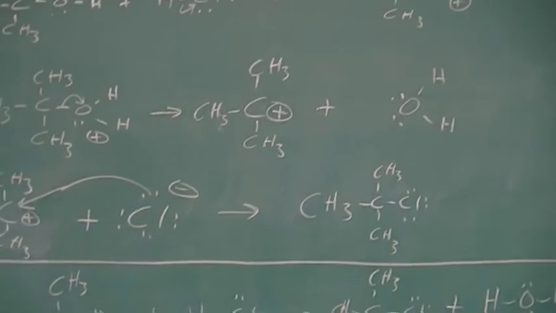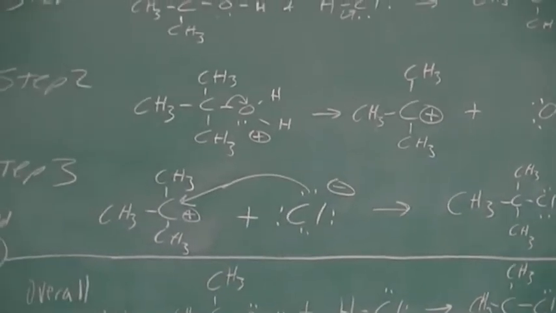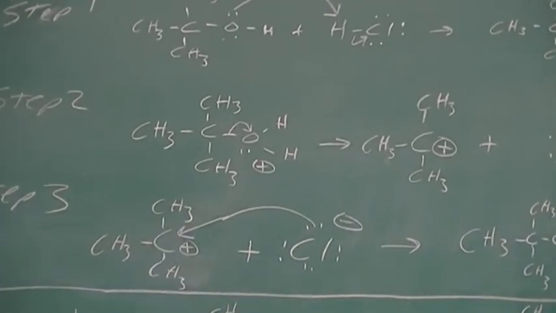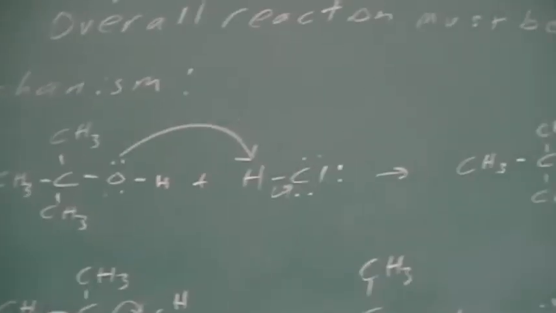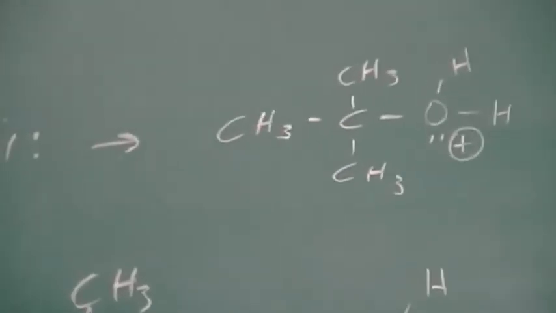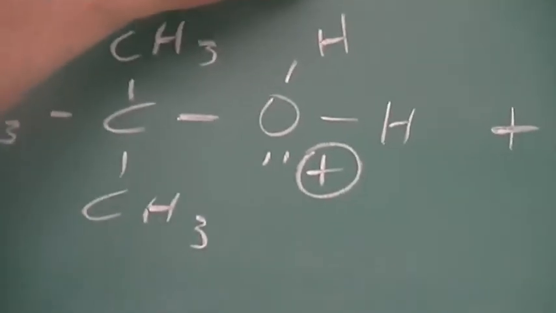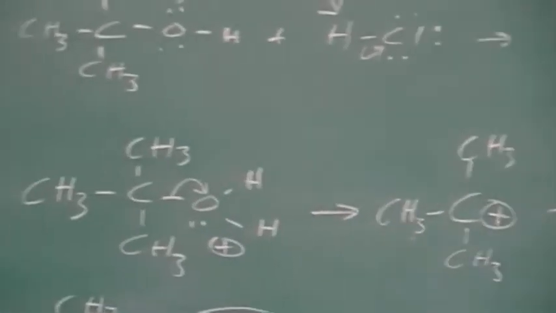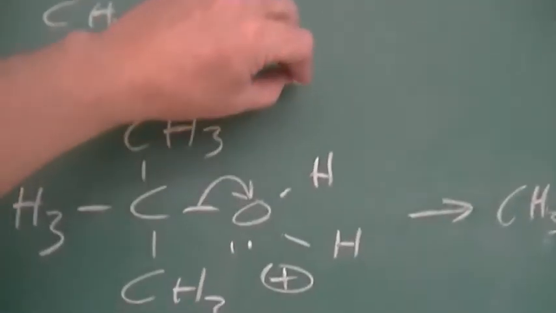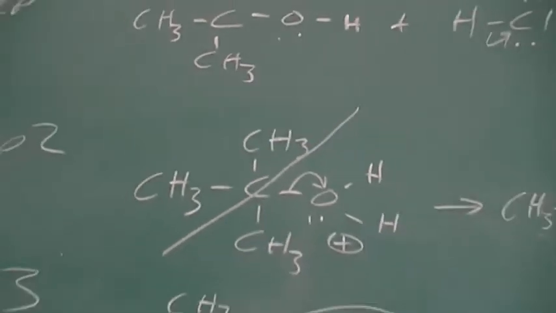All right, so then when you add up the 3 steps of this mechanism, I will show it now, when you form this complex, this was formed, and then we used it in a subsequent step, this one, and so this is a reaction intermediate.